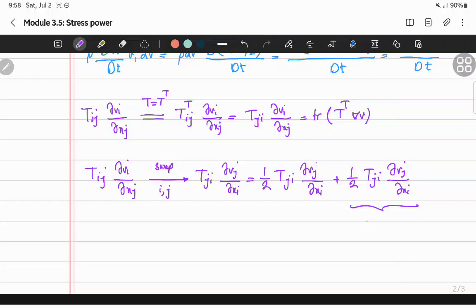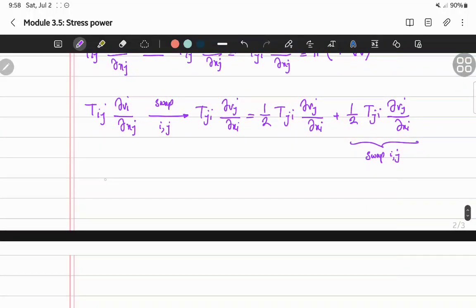And again here I swap i and j, so I get half of the first, Tji partial derivative of vj with respect to xi plus half of Tij partial derivative of vi with respect to xj. And here, since Tij is equal to Tji, I can write this as Tji.